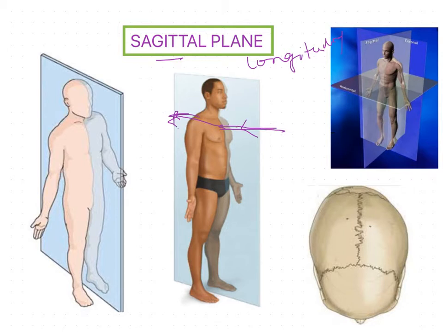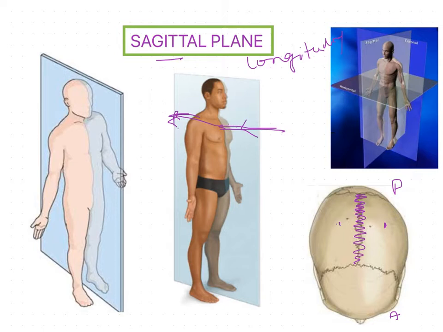It is also called the sagittal plane because in the skull, if you look, this is the anterior aspect and this is the posterior aspect. In the skull, you can find a suture, a joint-like structure present between two bones, which are called the parietal bones.